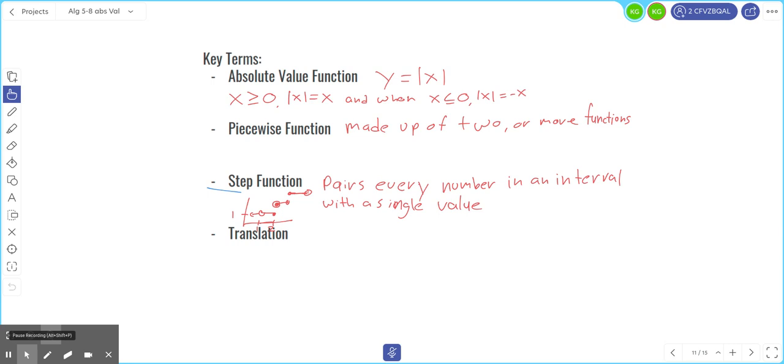Okay, so translation is probably the most important thing. It's in the title of the lesson. It's not in the title of the lesson, but it's what the lesson is all about.